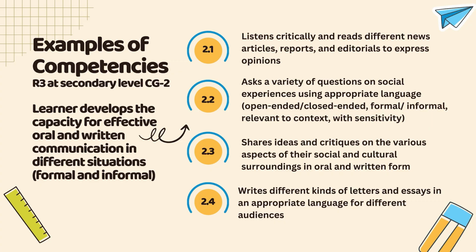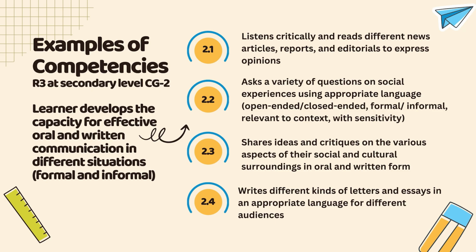Some of them related to language 3 or R3 at secondary level under CG2 are the following. Learner develops the capacity for effective oral and written communication in different situations, formal and informal.